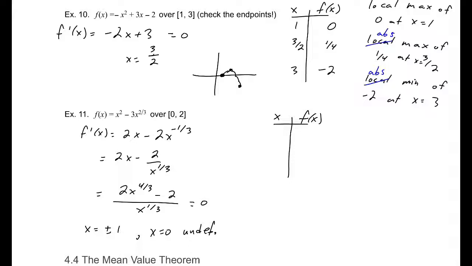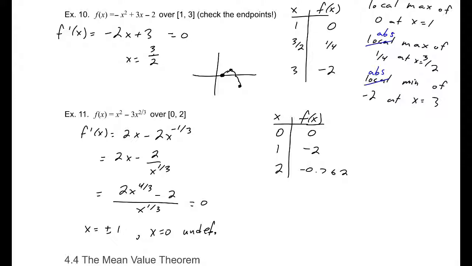Okay, good. All right, if we evaluate that at -1, -1 is actually outside of our interval, so we don't need to test that value. So we've got our endpoints of 0 and 2, and then we have the critical point of 1 that we need to work with. So at 0, the function is 0. At x equals 1, the function is -2. And at x equals 2, we get -0.762.